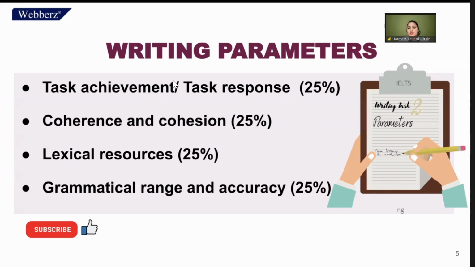First one is task achievement and task response. Task achievement is always seen in task 1, that is, letter or report writing. If you are an academic candidate, you would have report writing as task 1, and for GT people it is letter writing. What they are going to see in task achievement is whether you have achieved all the prompts or not.